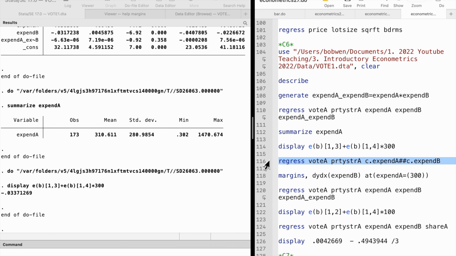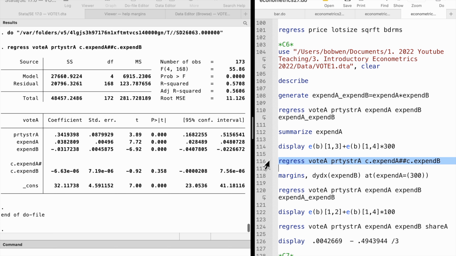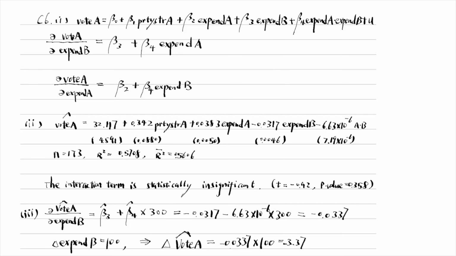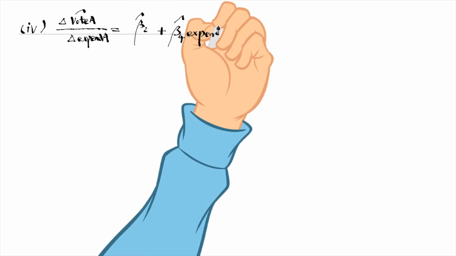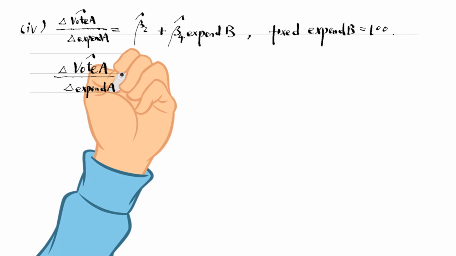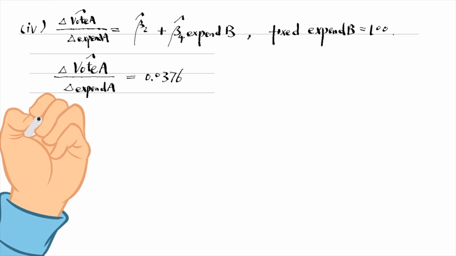In Stata, we could also run the regression using hashtags and then use the margins command to compute the same result. For the fourth part, fixed expenditure at 100,000, the marginal effect of A's expenditure on her own vote is 3.76%.